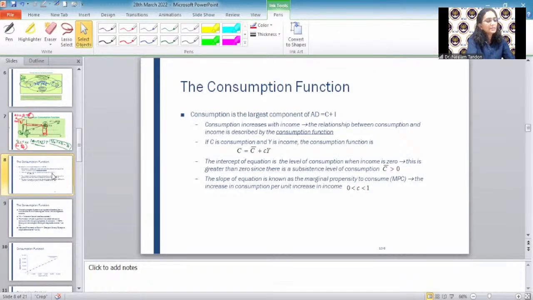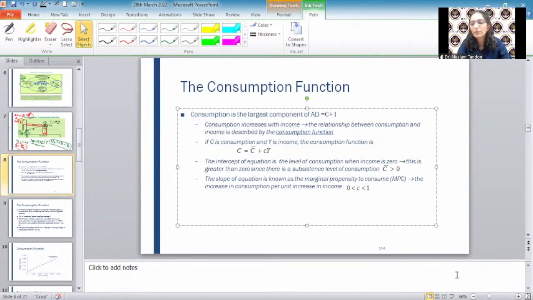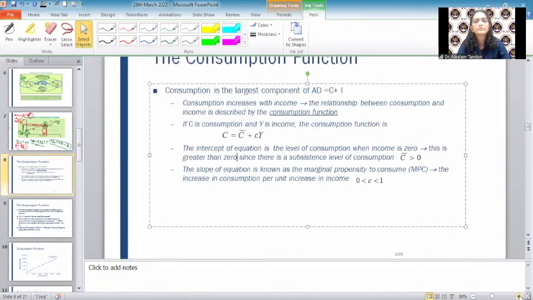MPC is change in consumption to change in income. Yes, just read. MPC is change in consumption to change in income. That is what MPC is all about. If you can see the screen, or I'll extend the screen. So this is the consumption function.